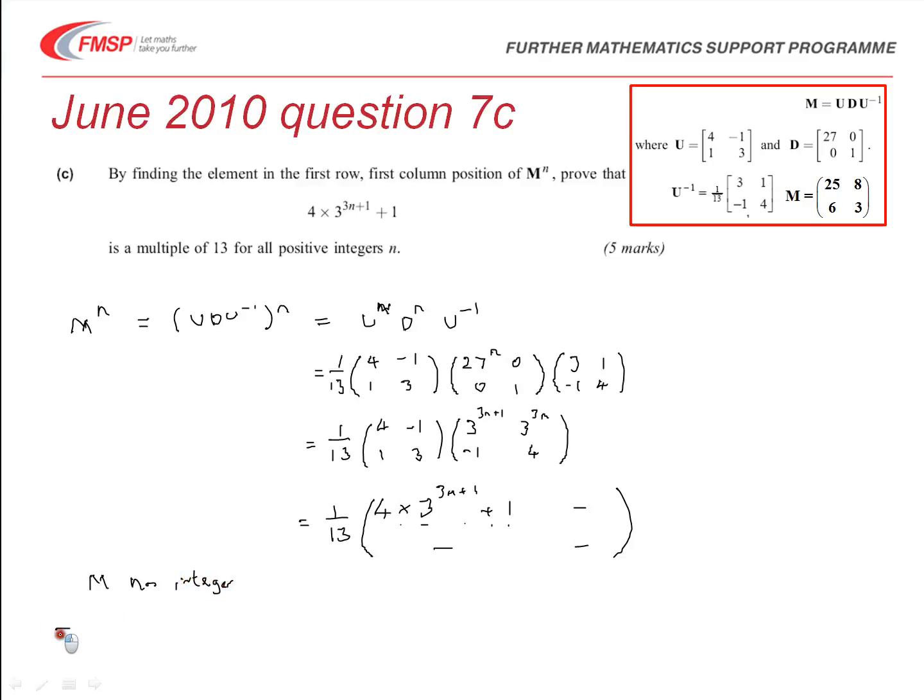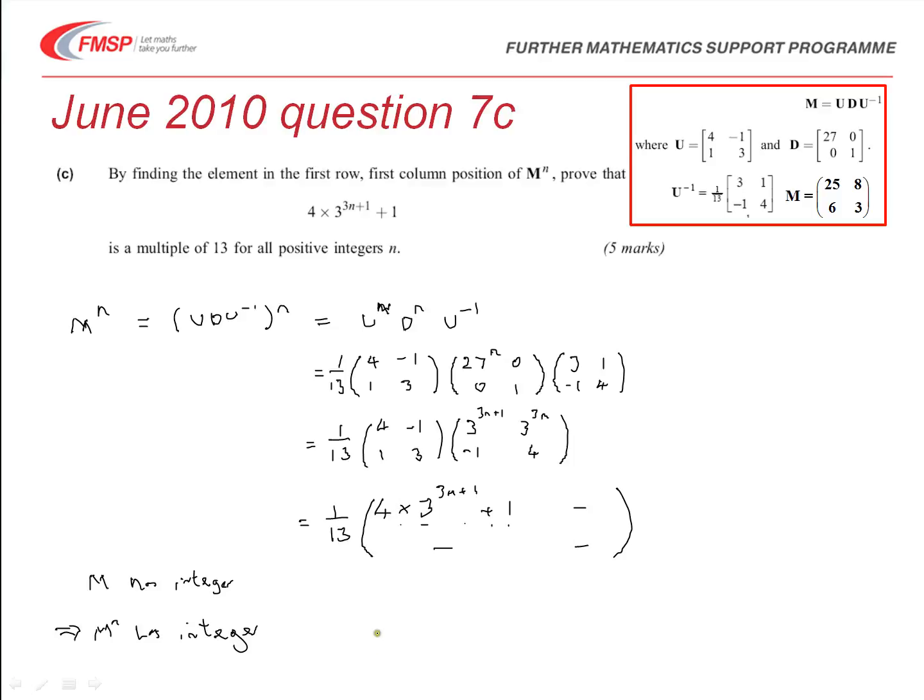Which in turn will imply that M to the n has integer values. Well, the only way then that this top value here can be an integer is if it's a multiple of 13, because of this 1/13th fraction that we have here.